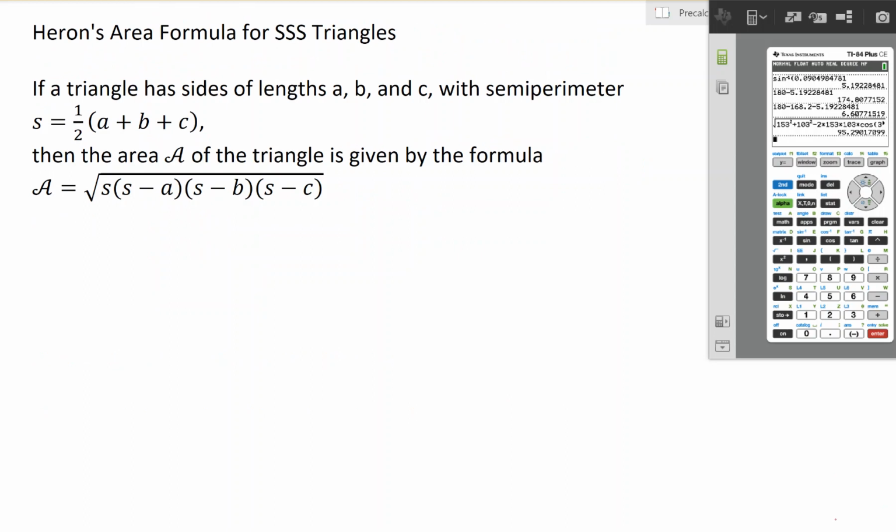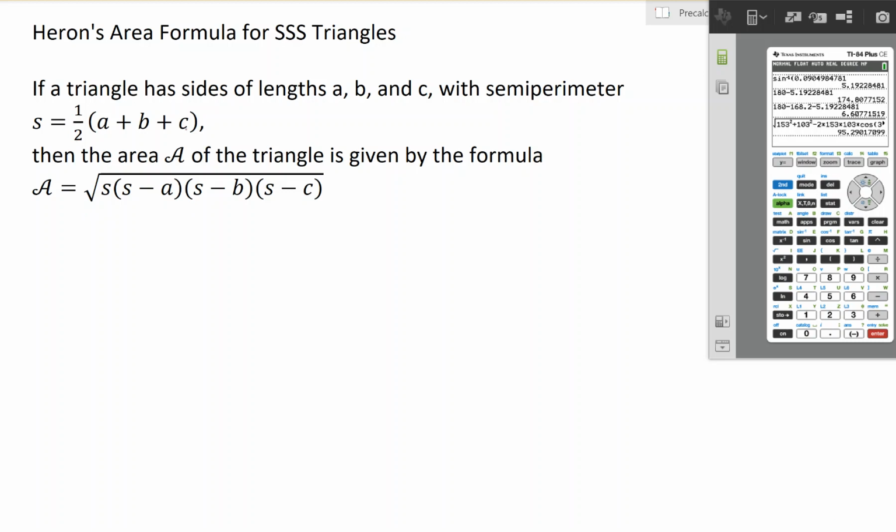Now we have this formula. If you are given a triangle that has 3 sides given to you, then you can figure out the area of that triangle. The triangle has sides of length A, B, and C with semi-perimeter. It defines semi-perimeter as half of the perimeter.